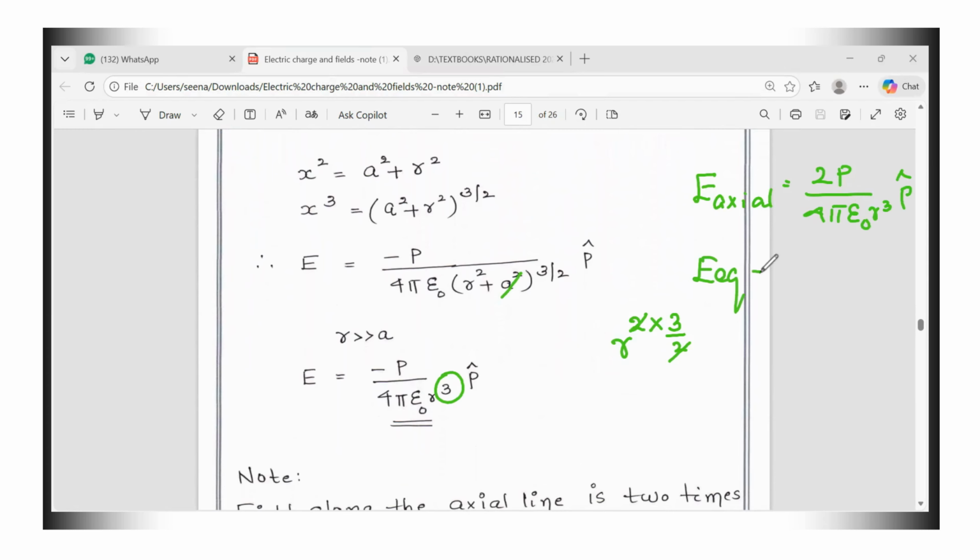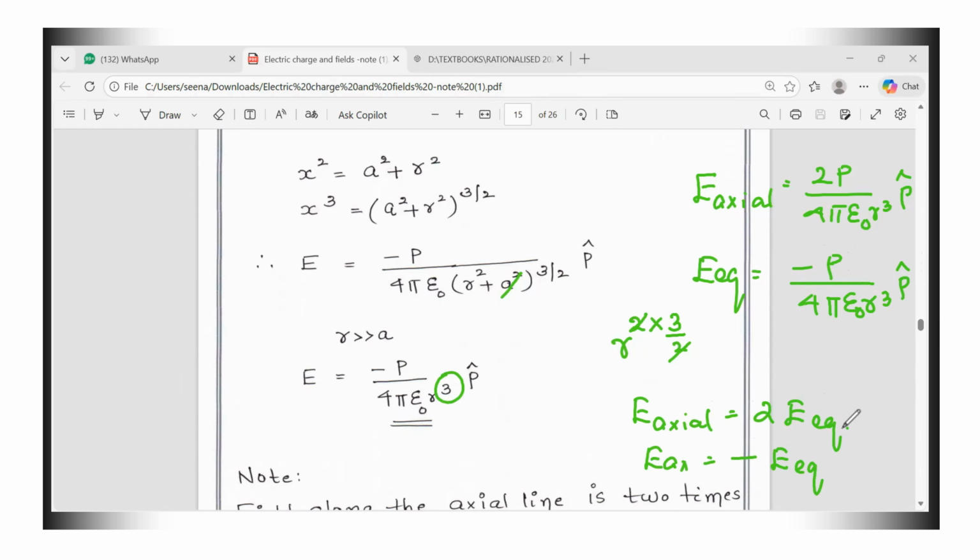And E equatorial is equal to, instead of 2, minus p divided by 4 pi epsilon 0 r cube, p vector. So two things you can understand: E axial is equal to 2 times E equatorial in magnitude, and E axial is equal to minus of E equatorial in direction. So the angle between E axial and E equatorial is 180 degrees because they act in opposite directions. These are the two derivations we covered in the last week.